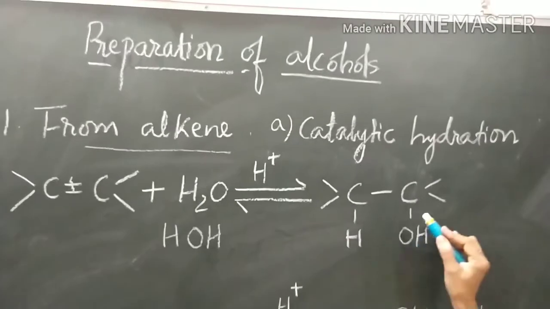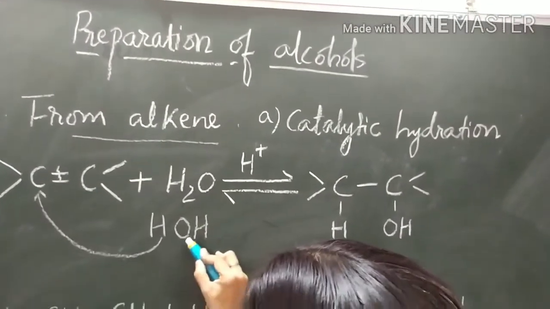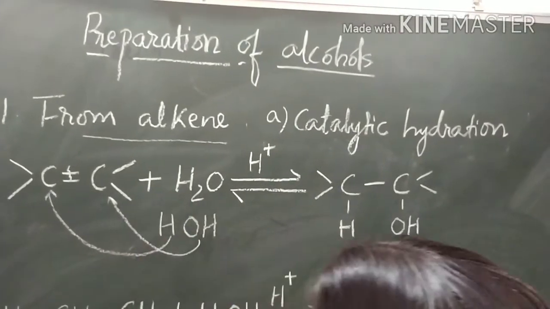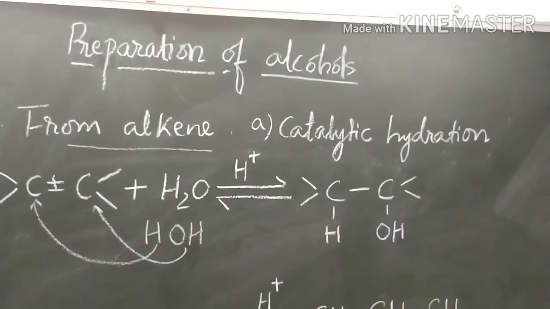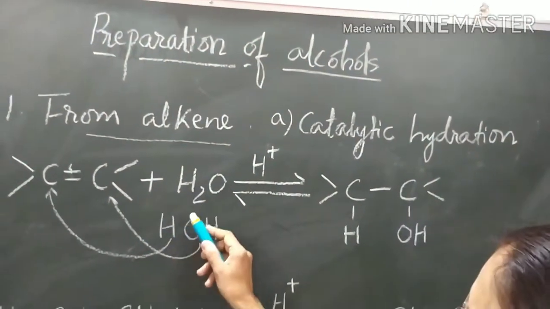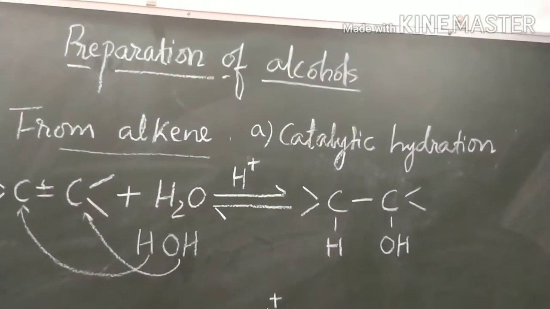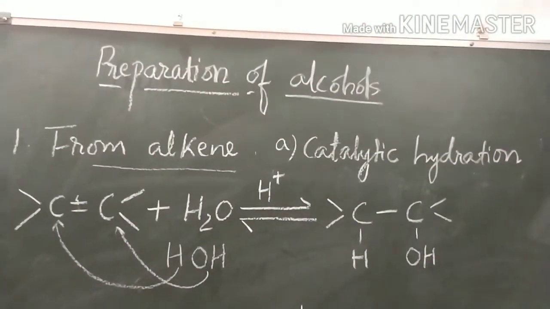So hydrogen will bind to one carbon and OH will bind to the other carbon. The pi bond breaks and the hydrogen ion and hydroxyl ion bind to the subsequent carbons and we get the respective alcohol.